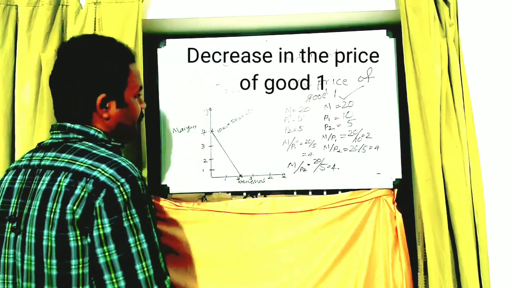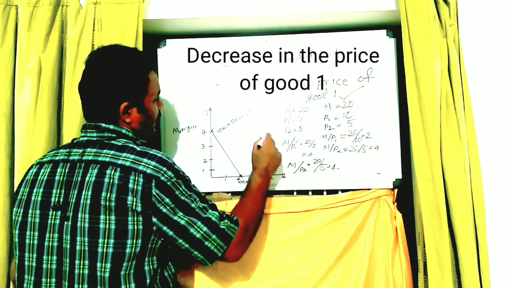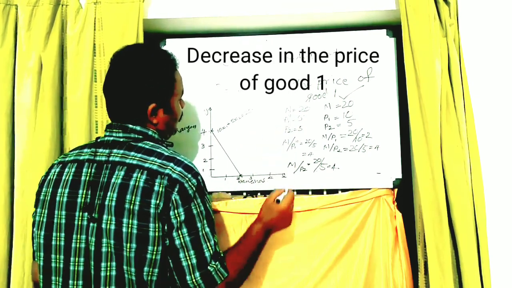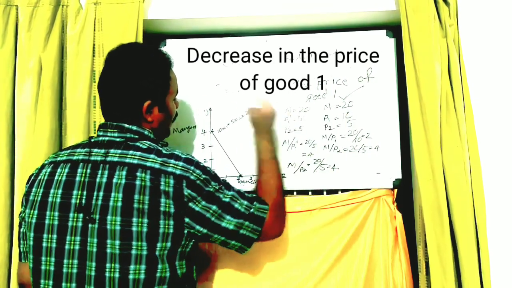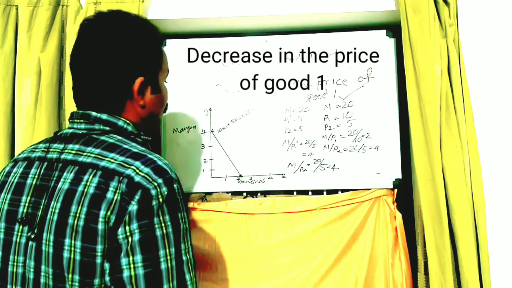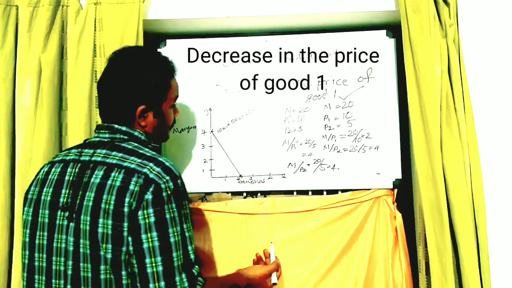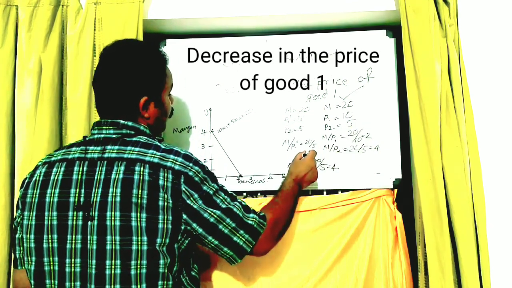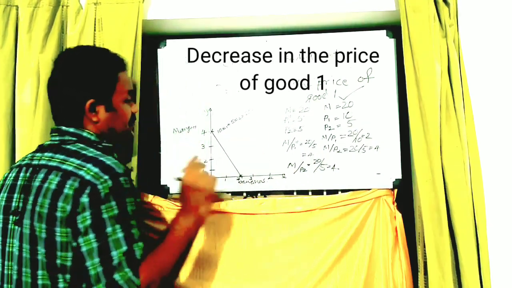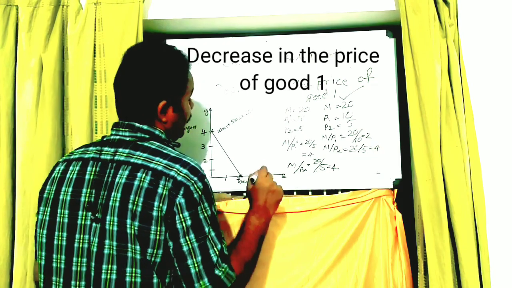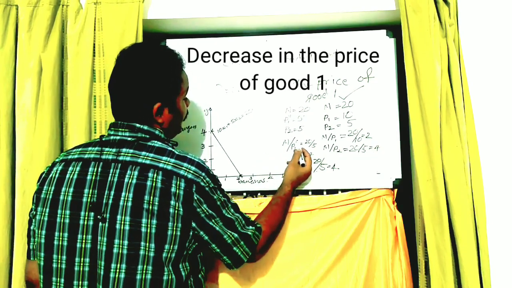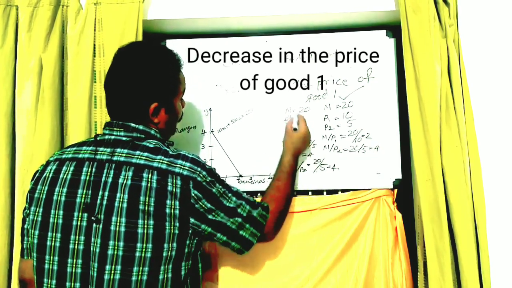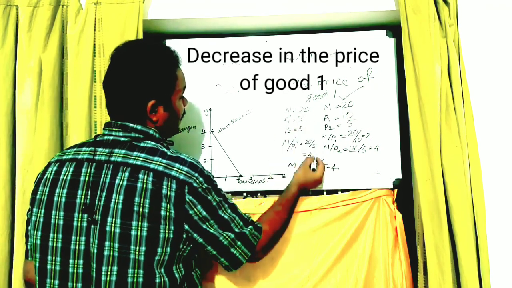Then here you can see the price of the first commodity decreases from 10 to 5. At that time the horizontal intercept is changing from 2 to 4. Then what is the horizontal intercept here? That is M by P1 double dash. M 20, P1 double dash 5.